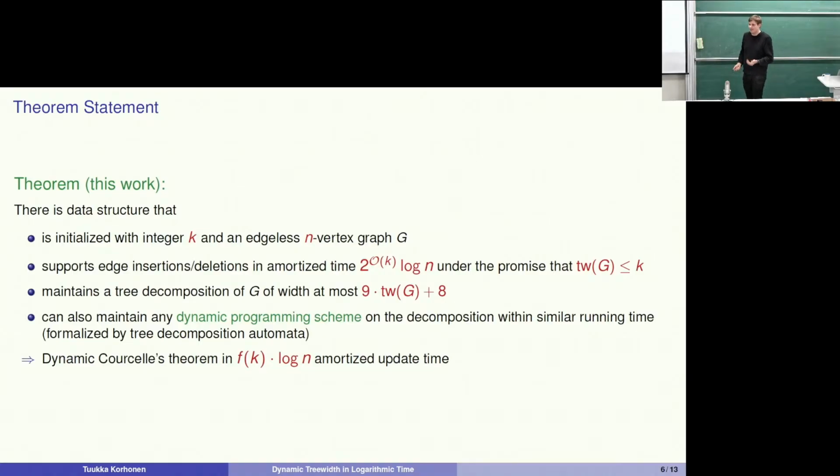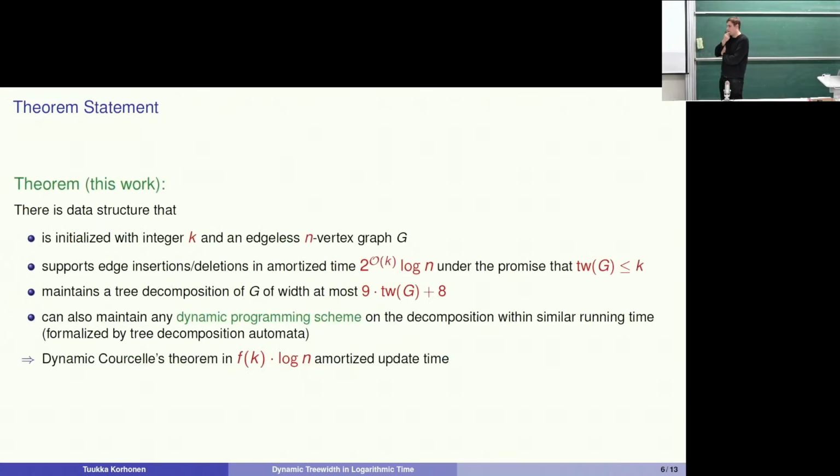Please delete some edges first. So the promise condition is not so restrictive. It can be removed or relaxed in various ways. But that's the theorem statement in more detail.